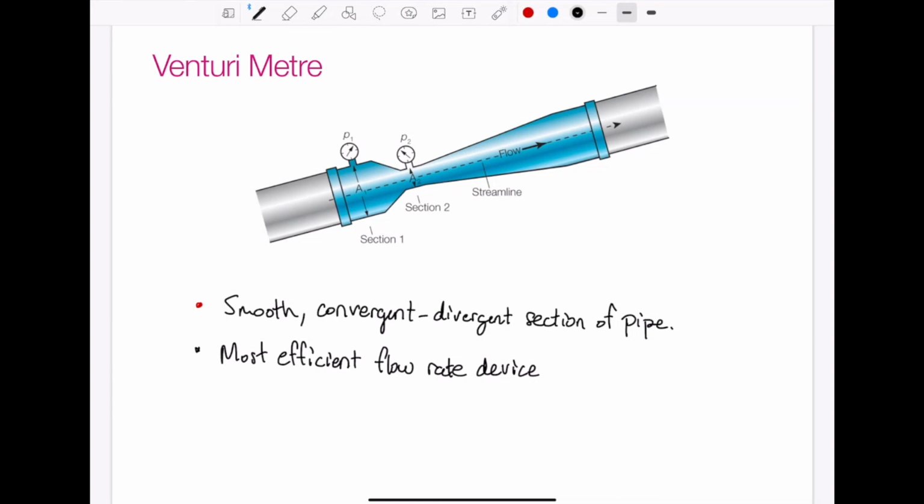I guess flow rate measurement device we should write. And the only issue with it is it's a bit expensive to build and implement.